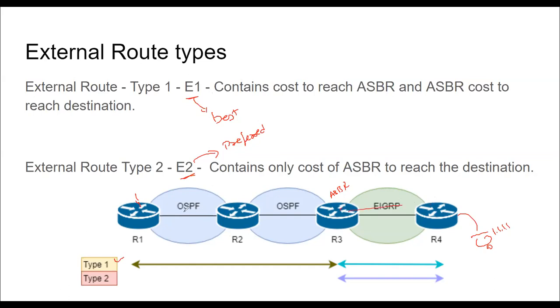This metric as well as this metric. Type 2 will have only the ASBR cost to reach the particular destination. Type 2 routes will not include the cost of me reaching the ASBR. That's the difference. Very important interview question. For sure, they will ask you what is the difference between E1 and E2.